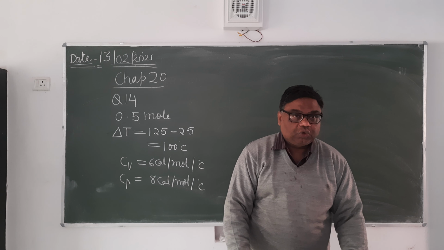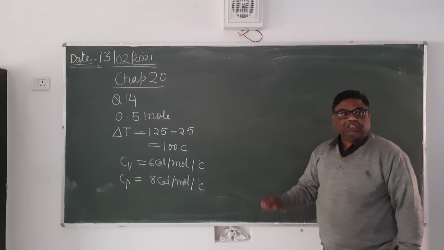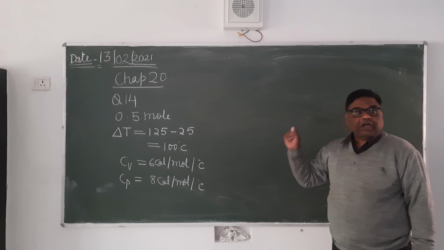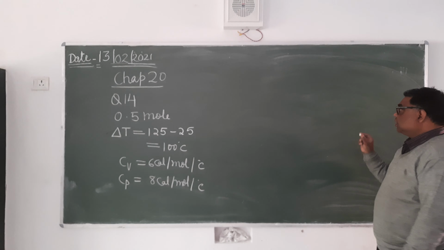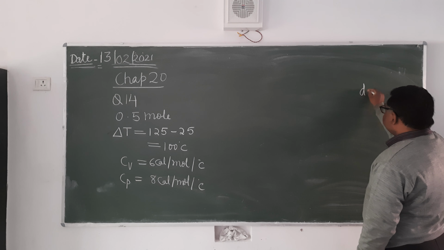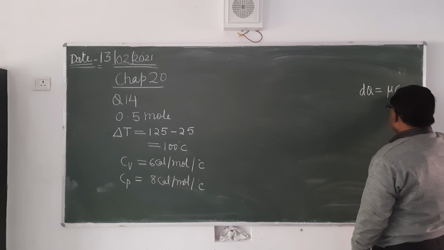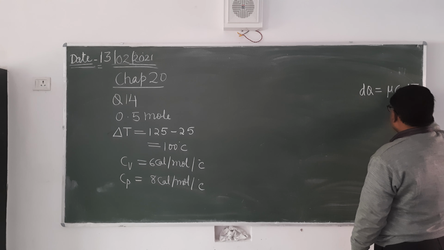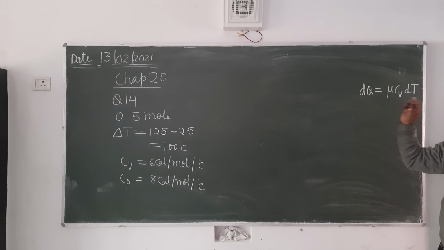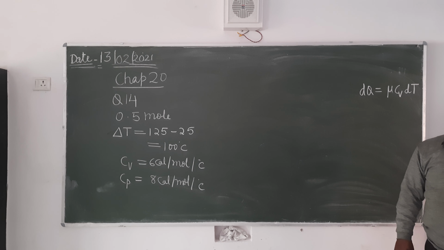So see here, as you know, the heat which is required only for heating of the gas is dq equals to mu into Cv into dT. It's clear? That will be equal to the heat which is supplied at constant volume.